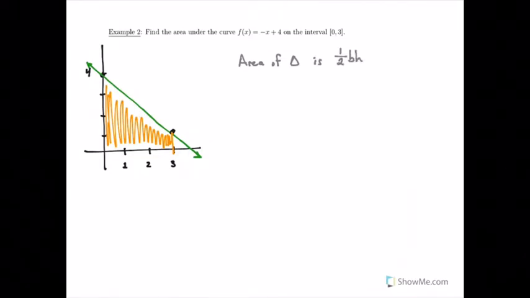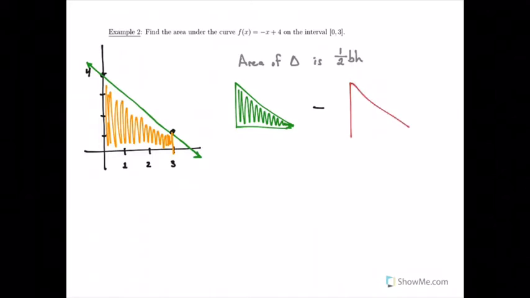So we could think about this area as the area of this big triangle minus the area of this little triangle at the end. And that would give us our area that we're looking for.